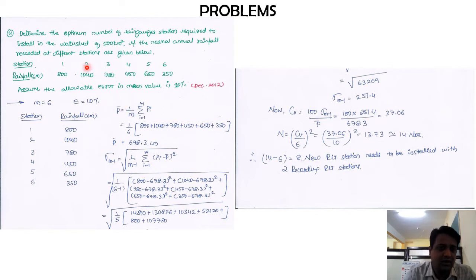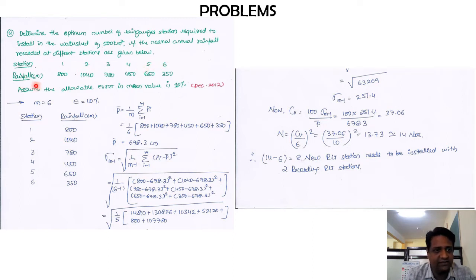Determine the optimum number of rain gauge stations required to install in the watershed of 500 kilometers squared if the normal annual rainfall recorded at different stations are given below. They have given the station numbers as the names, so here it is 1, 2, 3, 4, 5 and 6.